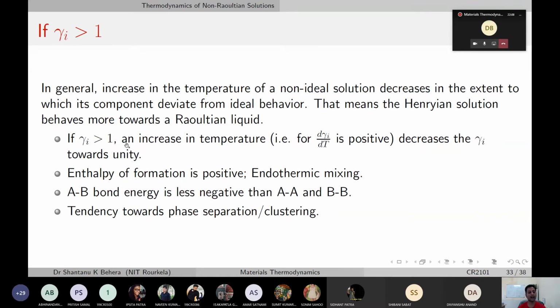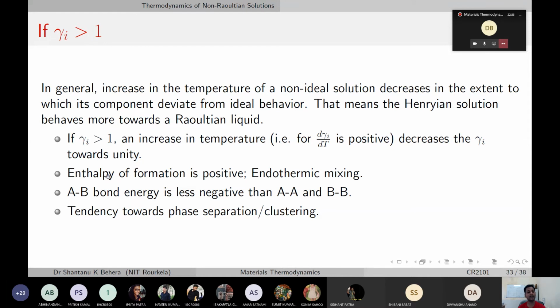That decreases gamma I towards unity, because gamma I equal to 1 is indicative of Raoultian behavior. So if the kind of solution we're talking about has gamma I more than 1, that's positive deviation from Raoult's law. And in this system, if we increase the temperature, gamma I would come towards unity.